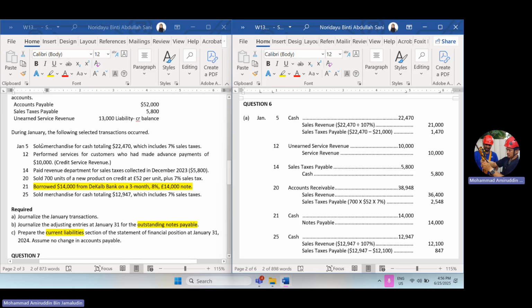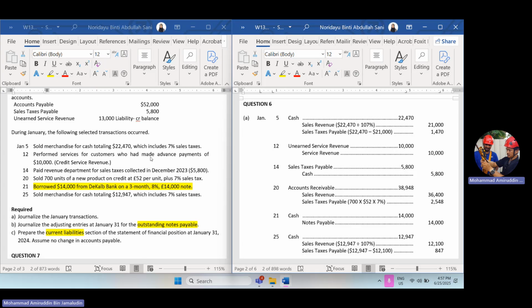Then we are going to journalize the January transactions, journalize the adjusting entry for the outstanding notes payable, and prepare the current liability section of your SOFP extract. So first one, we journalize each transaction. January 5th, sold merchandise for cash totaling 22,470, which includes 7% sales tax.